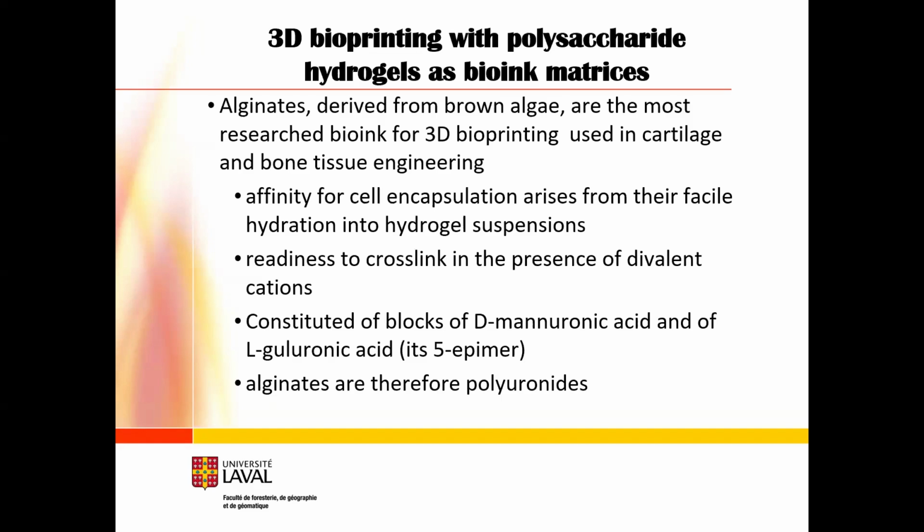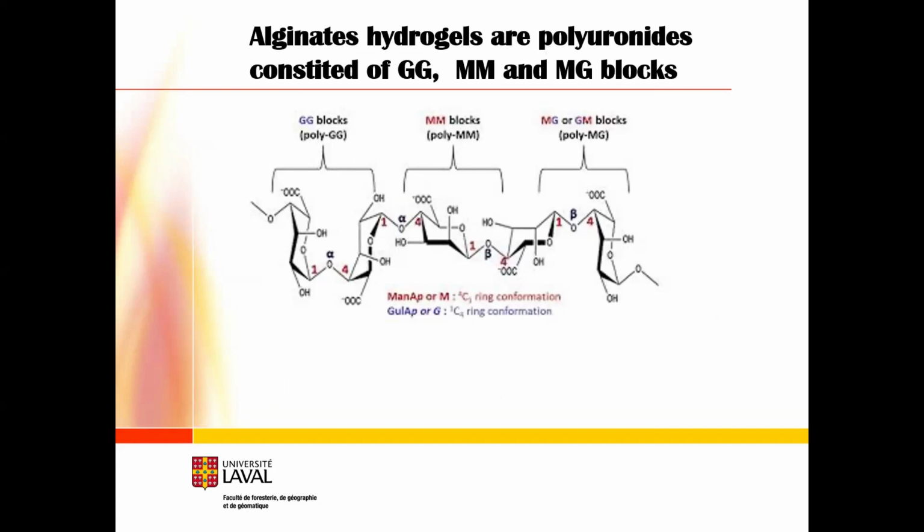Epimers, in chemistry, for those who are familiar with the chemistry of carbohydrates, are stereoisomers which only differ on one single carbon, the configuration of which. And so that's how the guluronic acid, which is the 5-epimer of mannuronic acid, brings us into the series of L sugars.